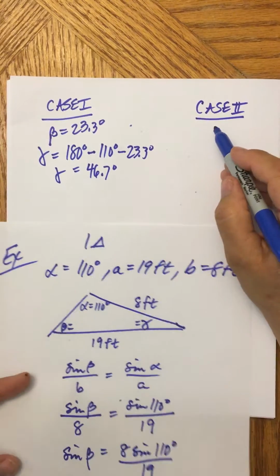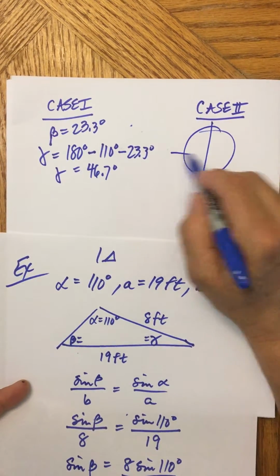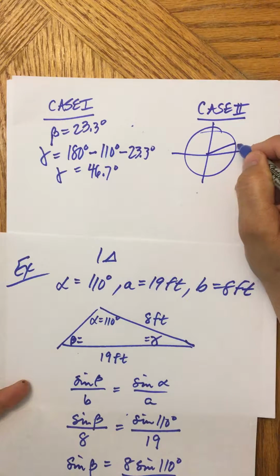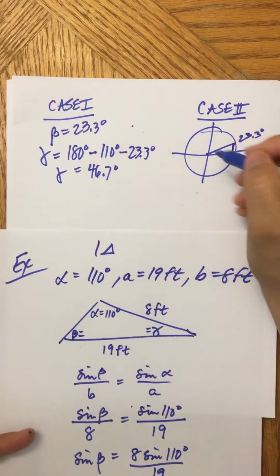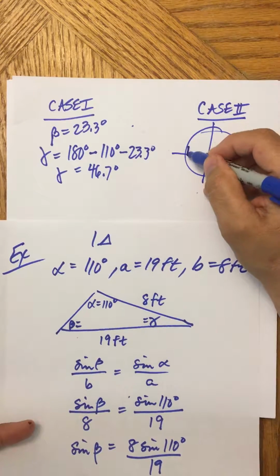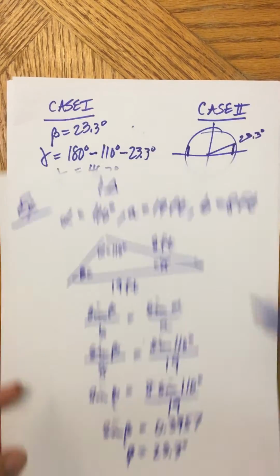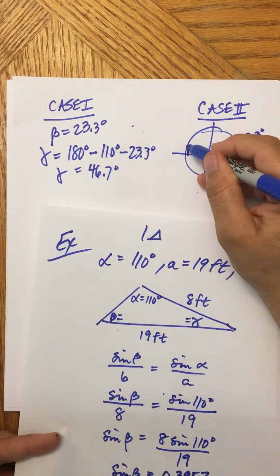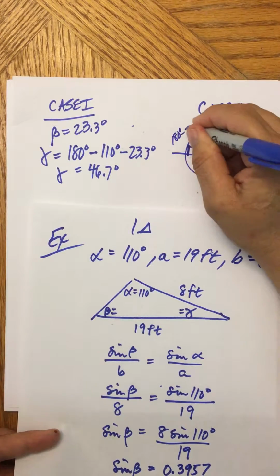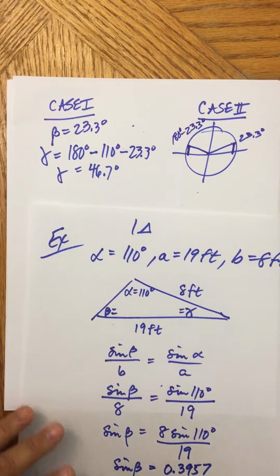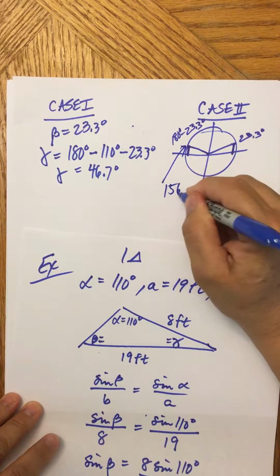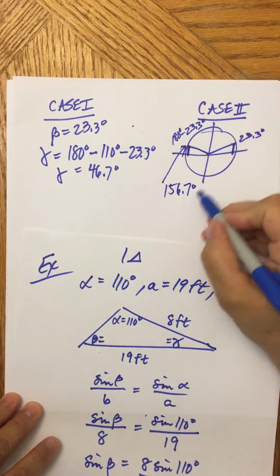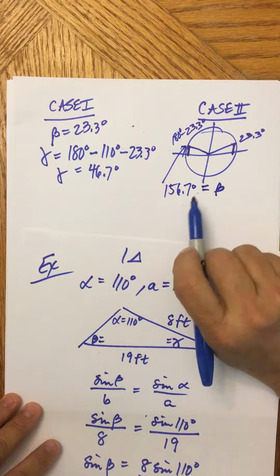In case 2, we have to consider that if at 23.3 degrees the length of the y-coordinate is 0.3957, for what other angle is the y-coordinate a length of 0.3957? That would be symmetrically over here, so that's 180 degrees minus 23.3 degrees. That gives us 156.7. So this is the case where beta is 156.7.